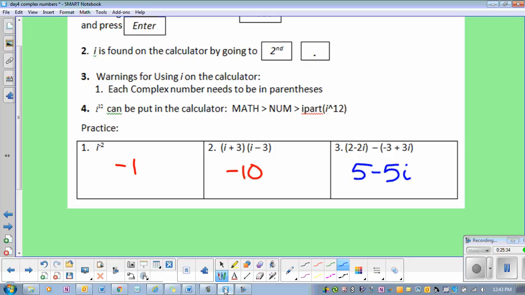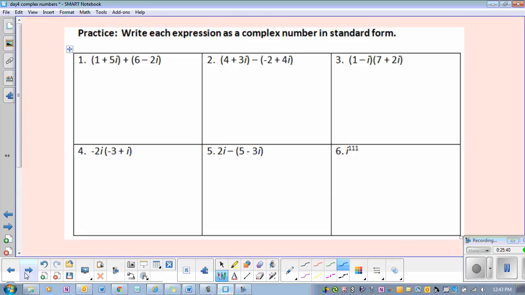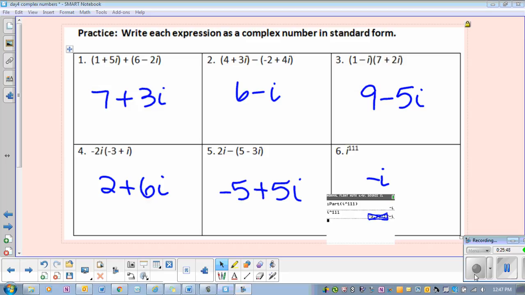Now go to the back and do those, please. Do not get these i problems wrong. Okay? Okay, so practice problems, the answers for 1 through 6. Great job. Look at your homework.